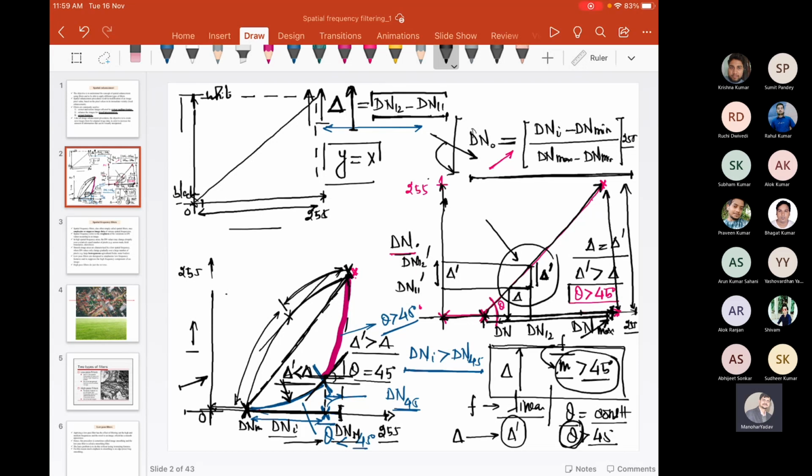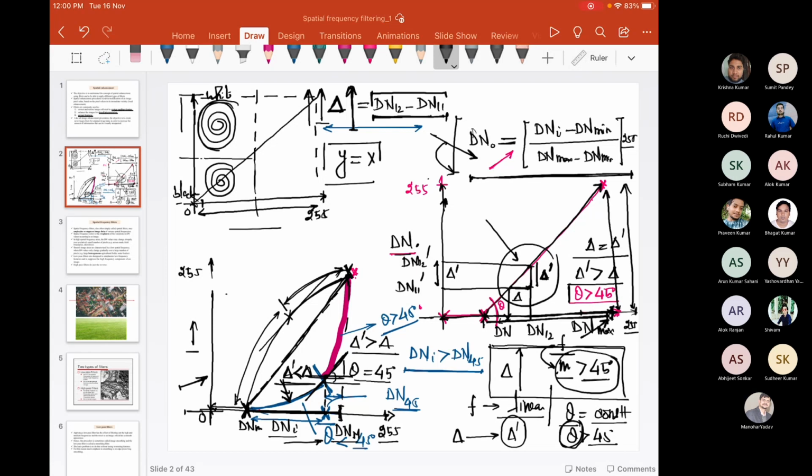Now, as per the nomenclature terminology, I'm using the gray darker side and lighter side. If I divide it into two parts, this can be called the brighter side, and this can be called the darker side. Instead of lighter, it is better to use brighter side, bright image.